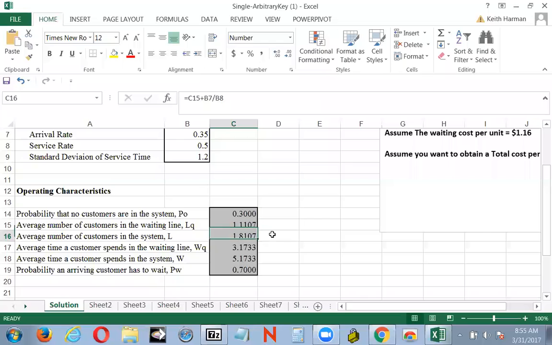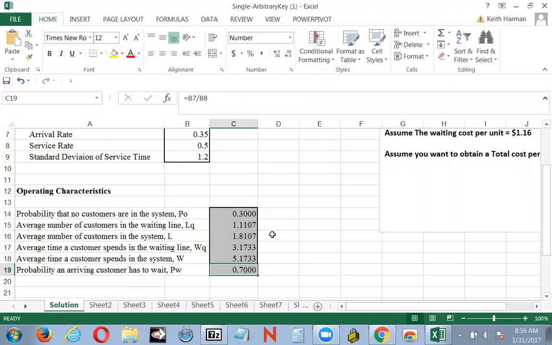Same thing there on line 8 16. And that gives us the number of customers in the system. Then the average time a customer spends in the waiting line, the average time a customer spends in the system, and the probability that an arriving customer has to wait.